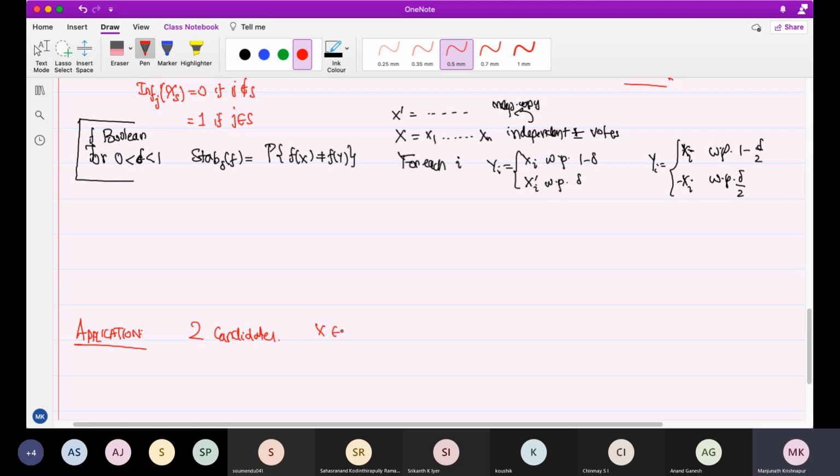So we take x in Z2 to the n, the votes, and then map it by some function f to f(x), which is in {-1, 1}, the decision. This is how you arrive at a decision.